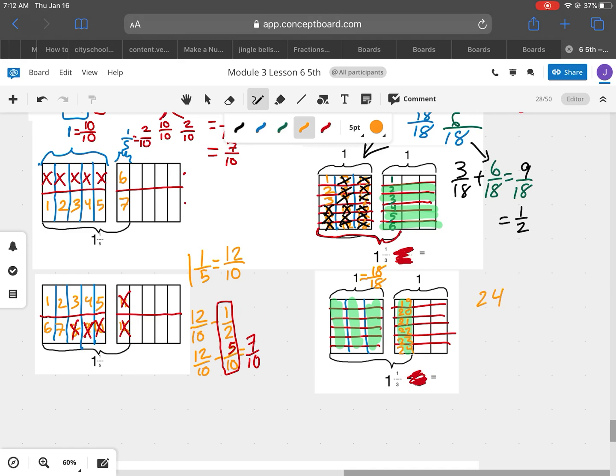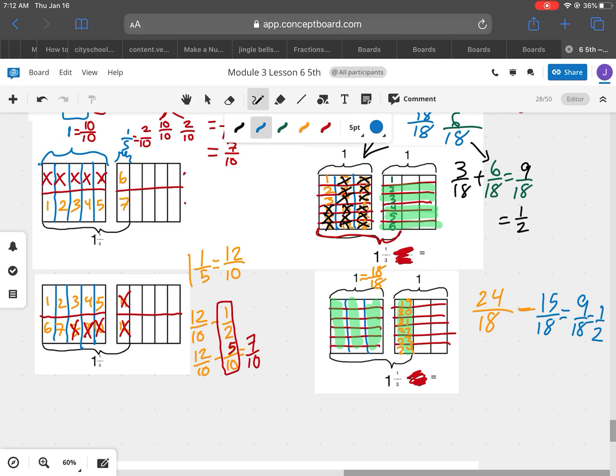So we have 24 18ths, and now we're going to minus again the 15 18ths. And then you'll see that 24 minus 15 gives you 9/18, which is also equal to half.